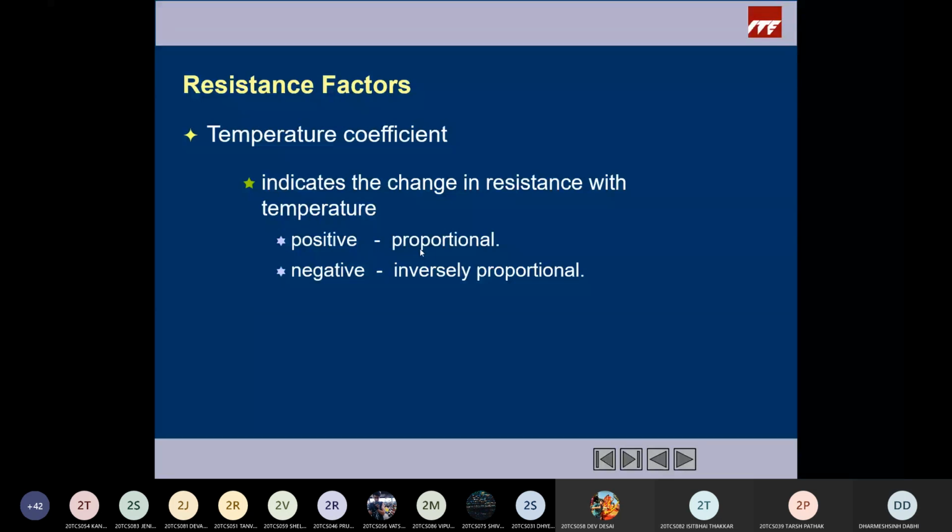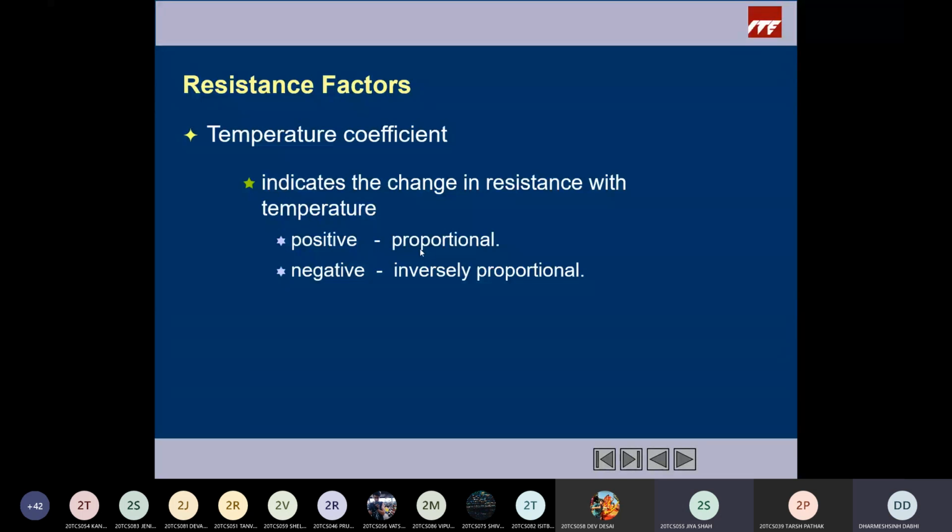So what is the temperature coefficient? Does anyone know what the temperature coefficient is? Yes, anyone? It is the change with respect to its original resistance and temperature.